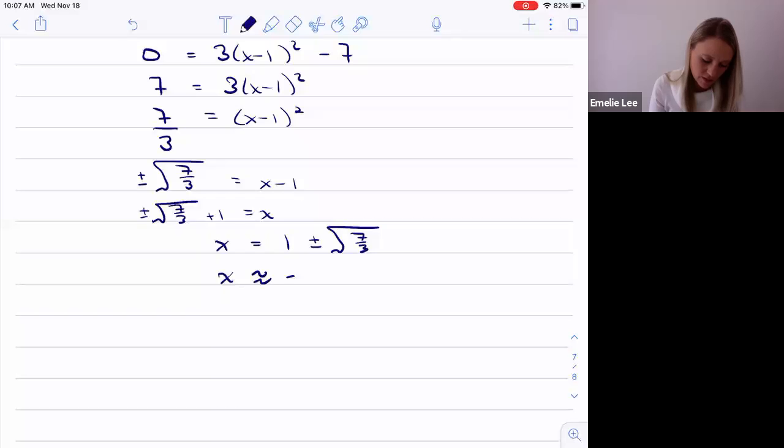The root of 7 over 3 plus 1. Okay. I must have just hit something wrong. But let me try. 1 plus the root of 7 over 3. 1 minus the root of 7 over 3.